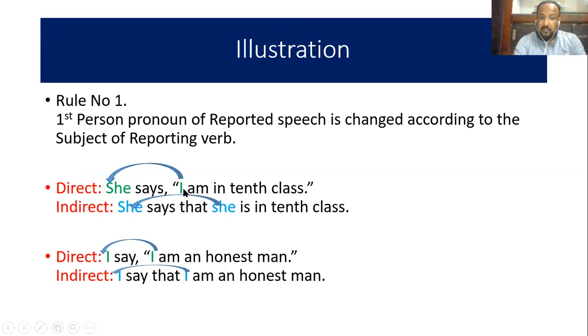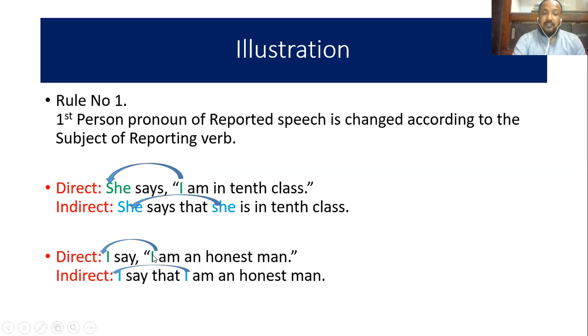First person changes according to the subject of the reporting verb. So here the subject is she. So what will be the subject while changing? She says that she is in the 9th class, because the first person changes according to the subject of the reporting verb.